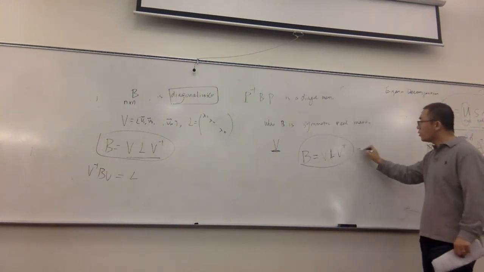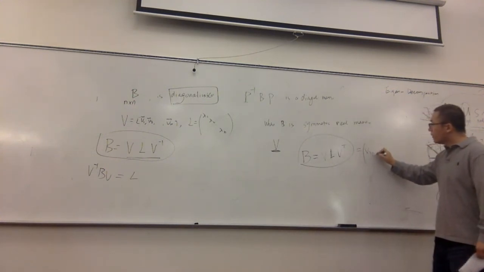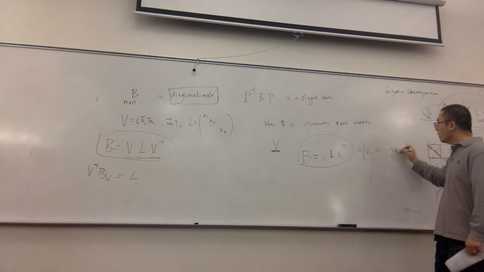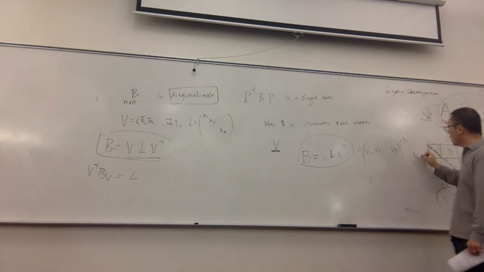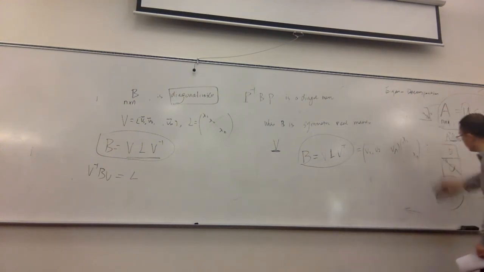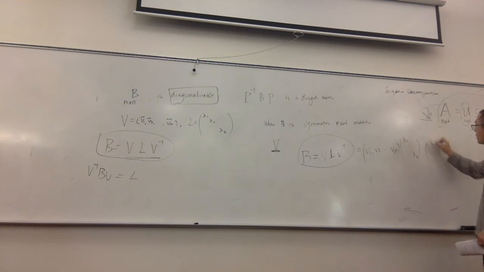So now you can try to multiply V1, V2, ..., Vn times lambda 1 to lambda n, and then times V1 transpose, V2 transpose, to Vn transpose.